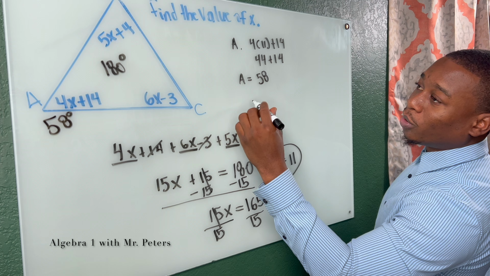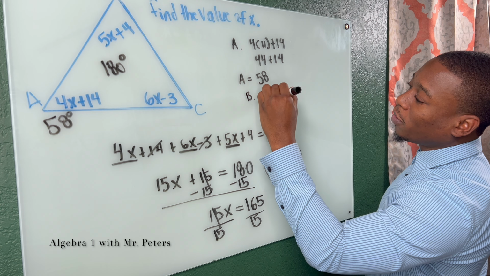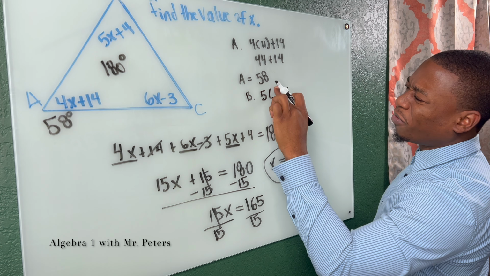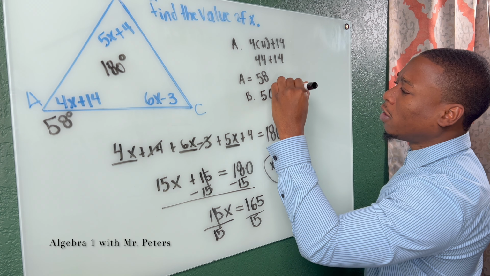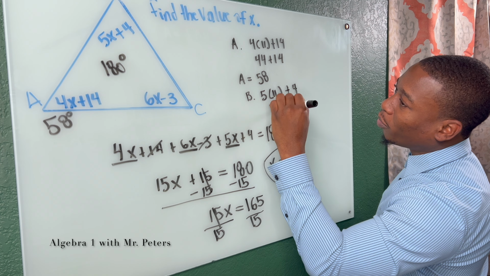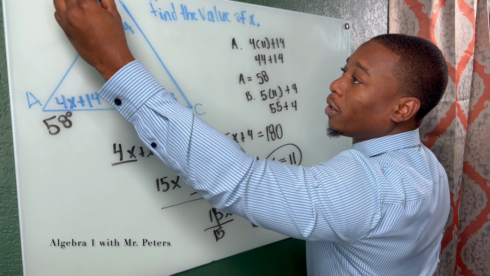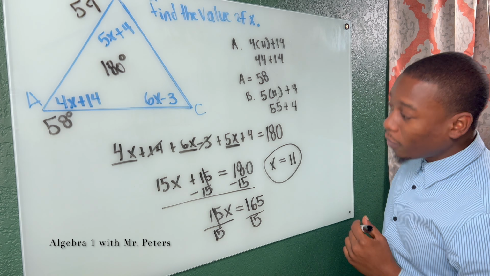Now we go to angle B, we have 5 times 11 plus 4. So we know B is going to be 55 plus 4, which is going to give us 59 as an answer. That's correct.